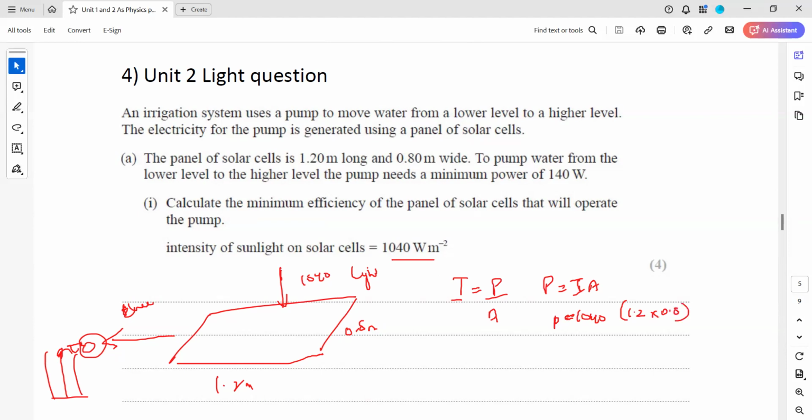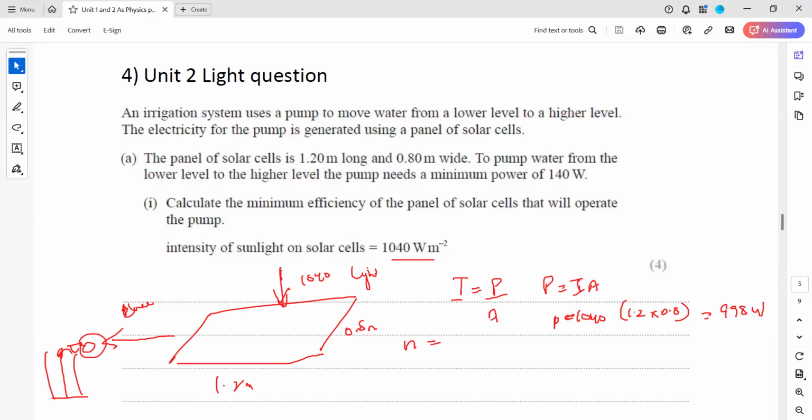What is our assumption here? Our assumption is that the light is perpendicular, because if it was making a certain angle, then the perpendicular component would have a lower value than what we calculated. So this will give us the input power of 998 watts. And our assumption is that all this energy is absorbed and none is reflected.